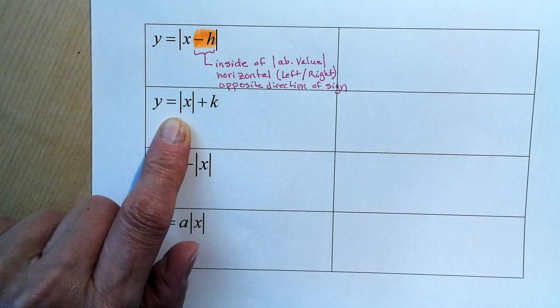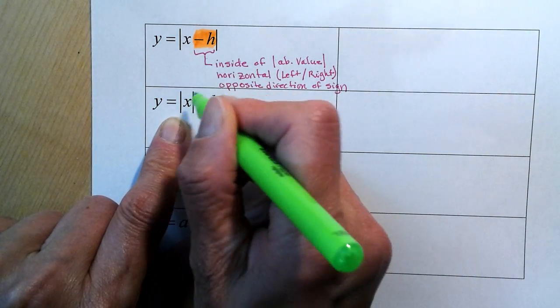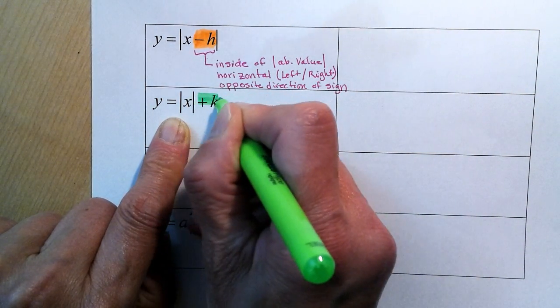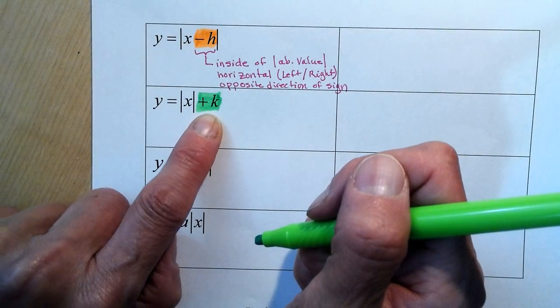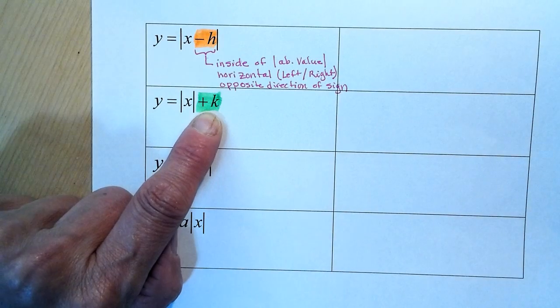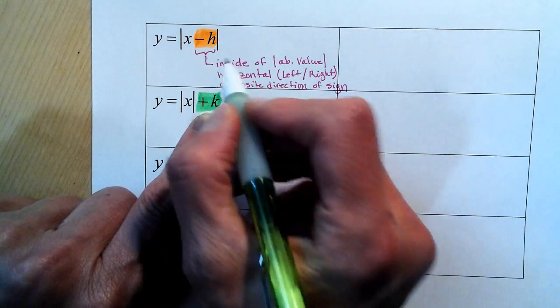And then the next one we looked at was this one. If you notice with this one, we have a plus k. That plus k is on the outside, so let's take note of that.